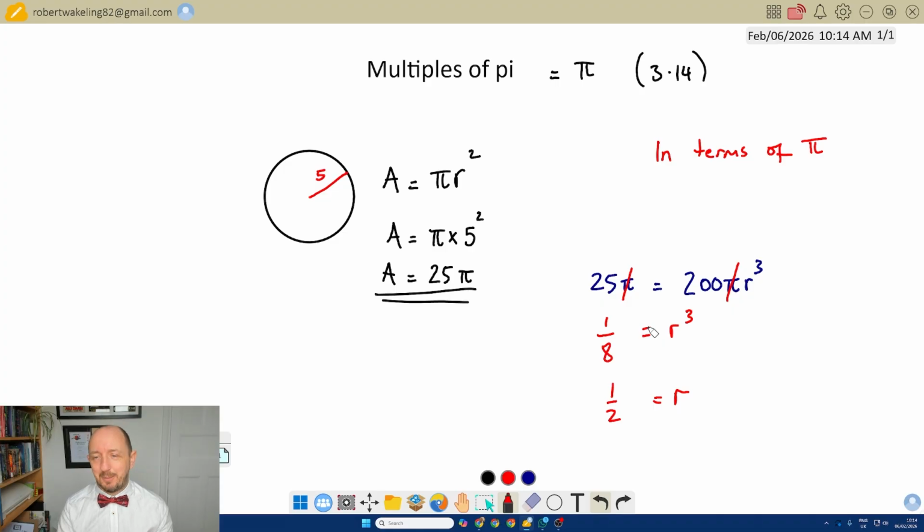Okay, now that might have been a bit quicker. I just did 25 over 200, which is an eighth. But essentially the pi cancelling out made my life so much easier there.